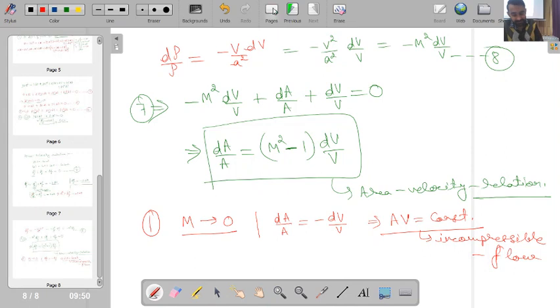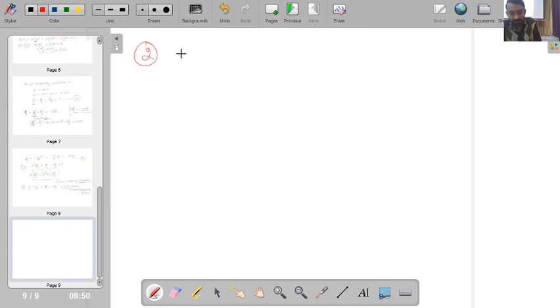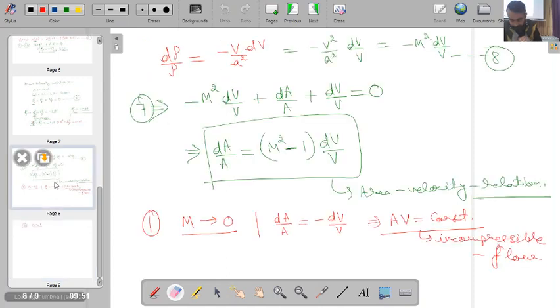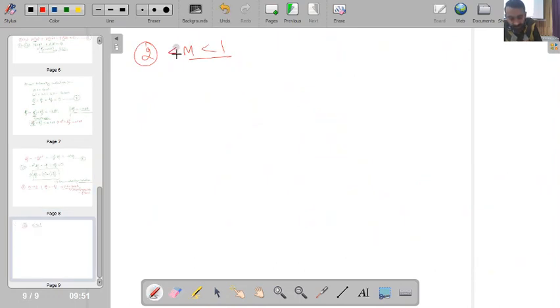Then let's consider the second situation, when M is less than 1. So for a value of M less than 1 and greater than 0. I should not write equal to, because M approaching 0 we have already seen.